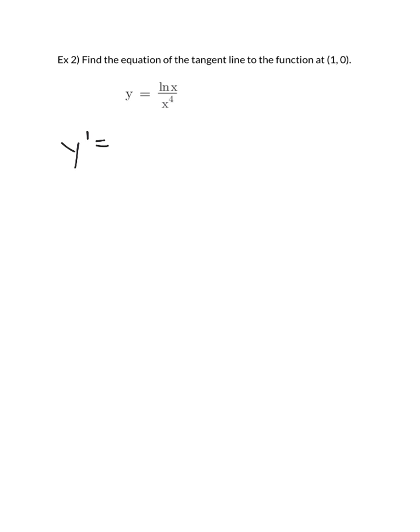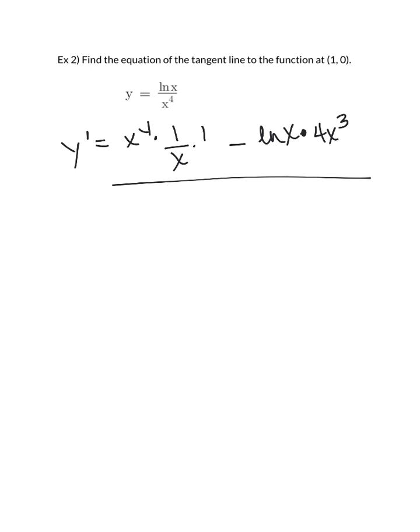Quotient rule says start with the denominator, the low, times the derivative of the high. The derivative of the natural log of x is 1 over x times 1, which is the derivative of x, minus high times the derivative of the low, which is 4x cubed. All that goes over the denominator squared.